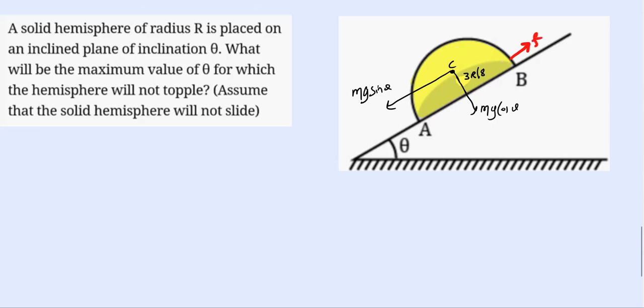Now the normal reaction will pass through point A, and this will be mg sin theta.